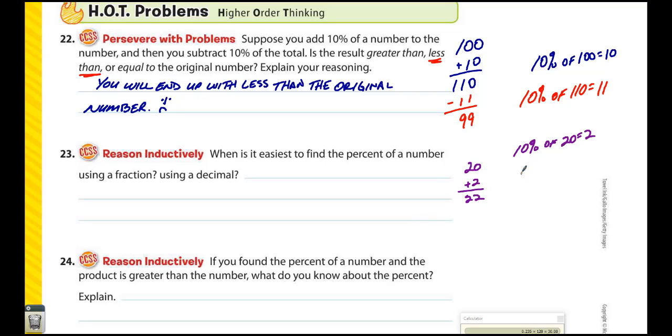Then we've got to do 10% of 22. And that equals 2.2, so we're taking away 2.2. And that's going to give me an 8, and a 9, and a 1, and now I've only got 19.8.